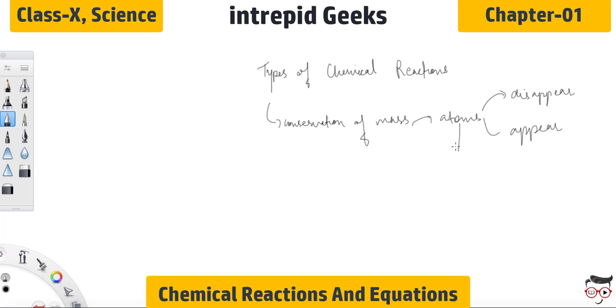They can just break down and recombine in order to form new substances. So the formation of chemicals takes place due to the breaking and recombination of atoms. Please try to understand it properly.